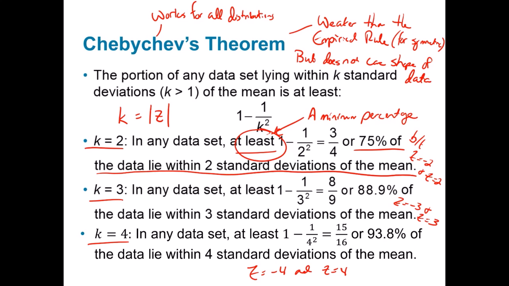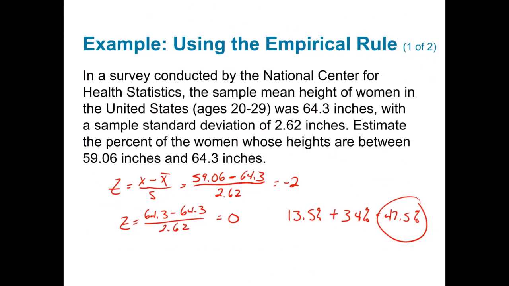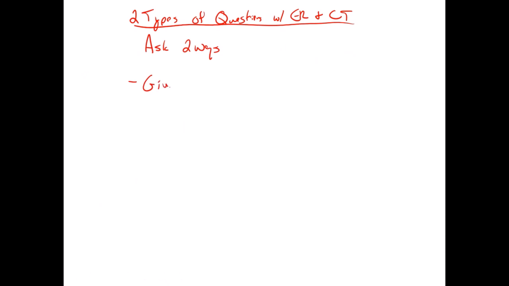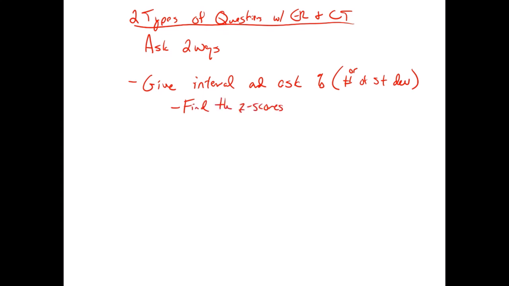All right, so there are only two types of questions I'm going to ask you about Chebychev's theorem or the empirical rule. I can do one like I did just a second ago with the empirical rule, where I give you an interval and ask you to tell me the percentage or the number of standard deviations. In that case, basically, find the z-scores. Your process for solving with the empirical rule and Chebychev's is really the same.